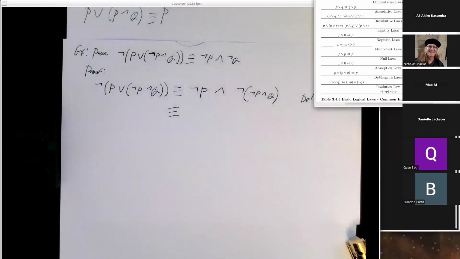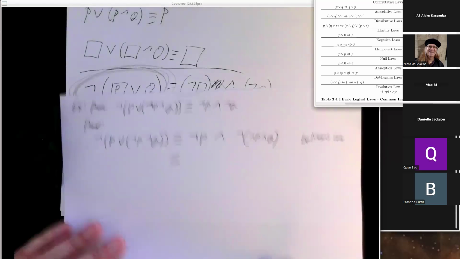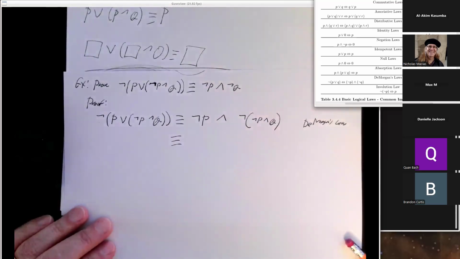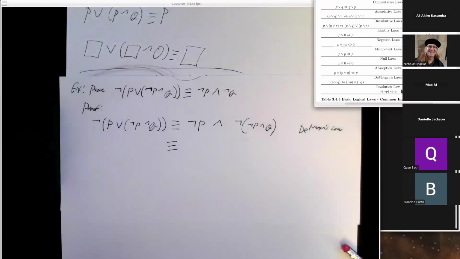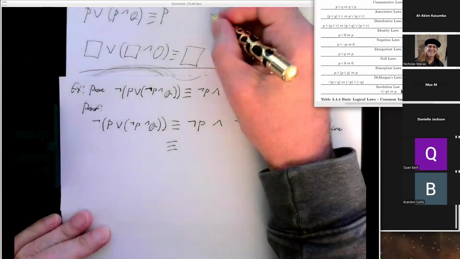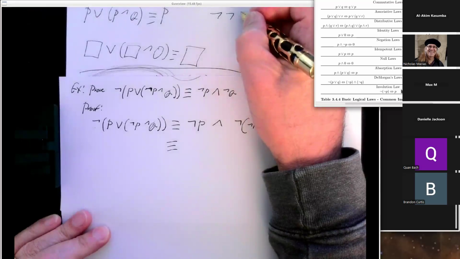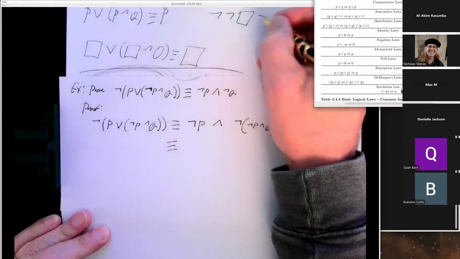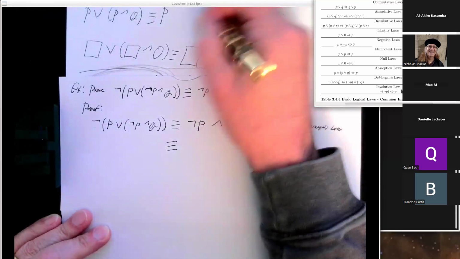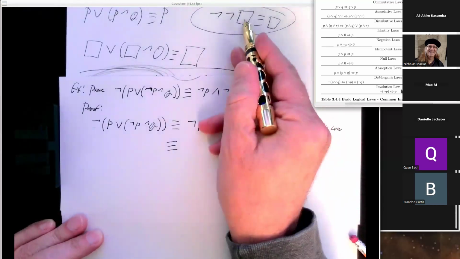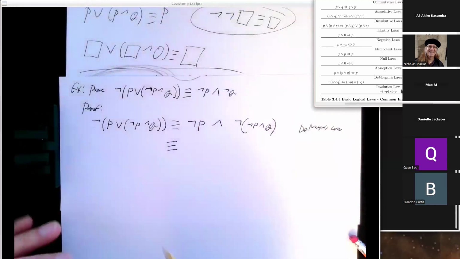Double negation. So double negation involution says not not P is equivalent to P. So not not something is equivalent to something. And I can put anything I want in here as long as I put it over there too.